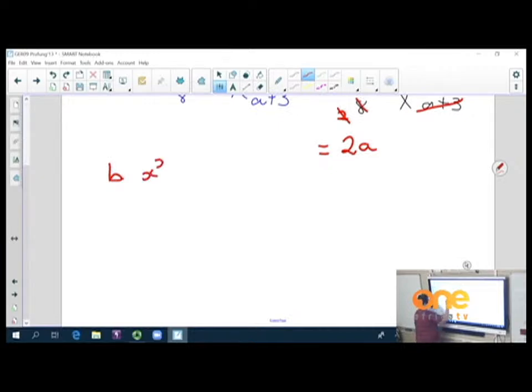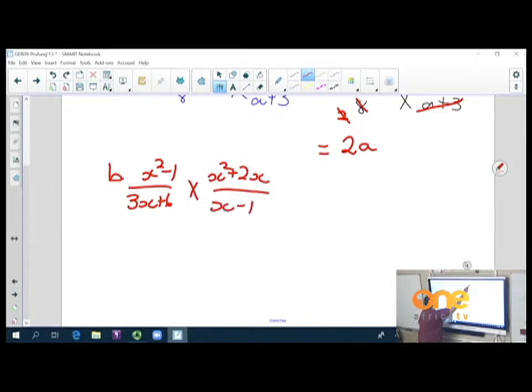Number B. X squared minus 1 over 3x plus 6 times x squared plus 2x over x minus 1. I need to factorize first. This is what we've been doing now all the time. We factorize.